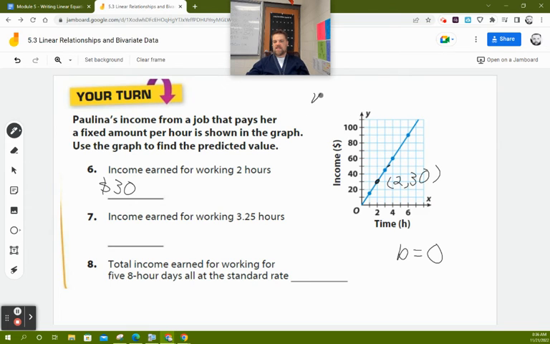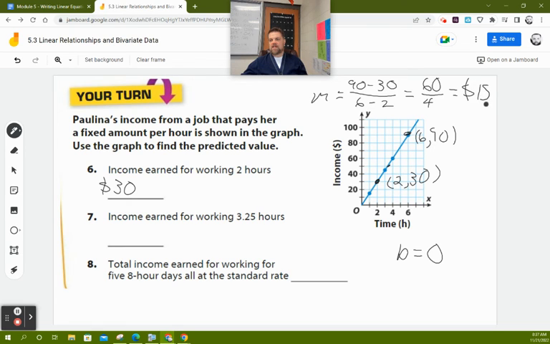In other words, if I say m equals, I'm going to pick this point here, which looks to be 6, 90. If I say 90 minus 30 all over 6 minus 2, I get 60 divided by 4, which is $15 an hour. Right? That's what she gets paid, is $15 an hour.